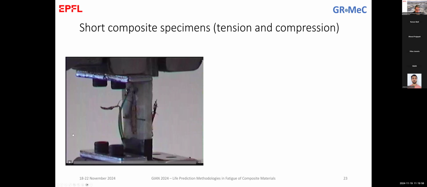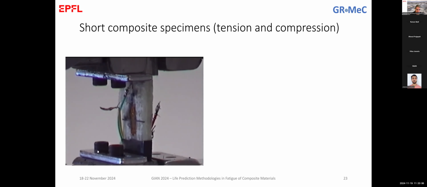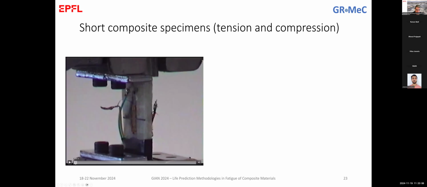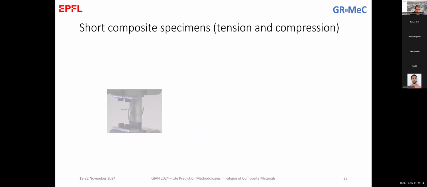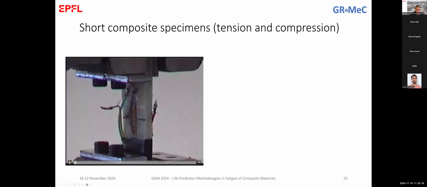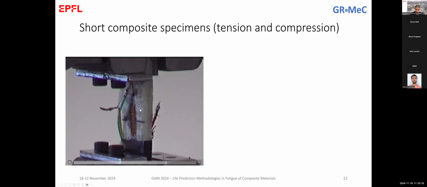And here I have a video showing the behavior of this specimen in tension. You see how it fails in tension, if I run it again. So I run, you see here initially damage, sorry, I went further. So initially we see matrix cracks, the whitenings here, the delamination, and then failure of the fibers at the end.